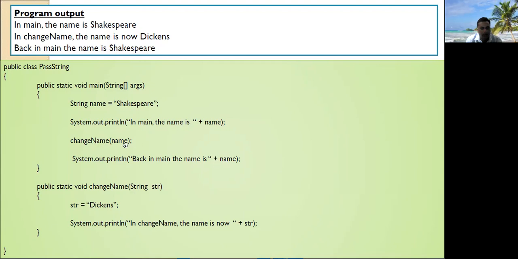When you call this method, it will print the output as name Shakespeare.